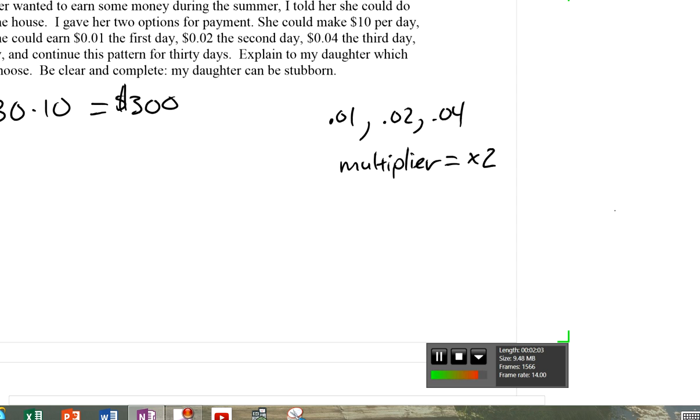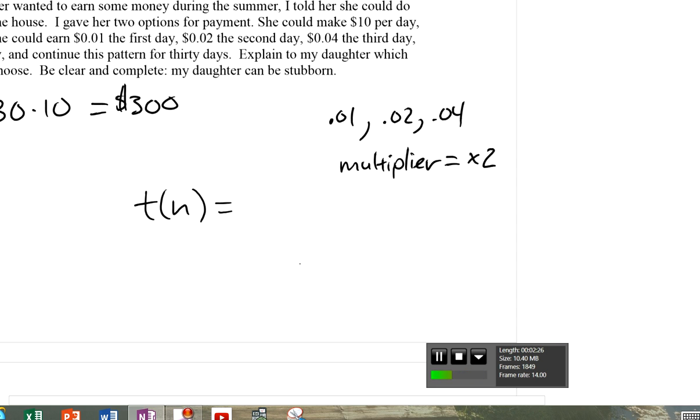And my 0th term is a little interesting. It's not 0, because if you've got a 0th term that's 0, you never go anywhere because you're just multiplying 0 by a bunch of numbers. My 0th term is actually 1/2 of 1 penny, so it's 0.005. So this would be my sequence. It would look like this. Here is T of n, the amount of money that I would pay her on the nth day.